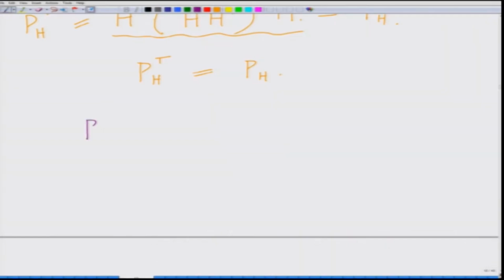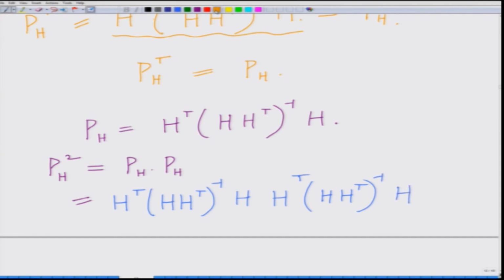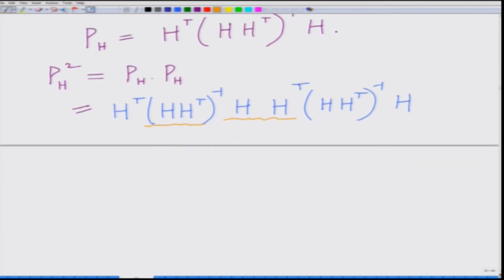In fact, let us look at another interesting property. Recall that P_H is equal to H transpose (H H transpose) inverse times H. Now, let us look at this quantity P_H squared. P_H squared equals P_H times P_H, which is equal to H transpose (H H transpose) inverse H times H transpose (H H transpose) inverse H. Now, if you look at this quantity, H H transpose inverse into H H transpose equals identity.